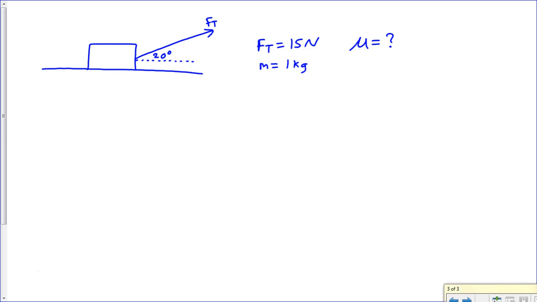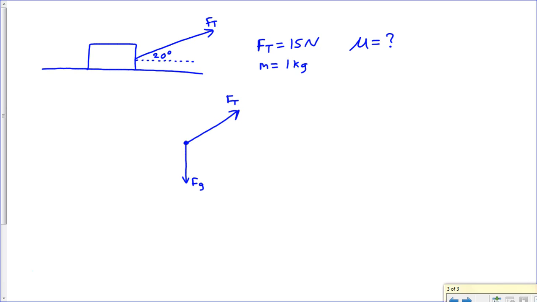One of them is that I've asked for the friction coefficient. But also if we draw the FBD, and I'm going to draw the FBD for this situation now, if you want to draw it yourself, you might want to pause the video. We have here gravity down. Then we've got tension, which is going, in this case, up and to the right.